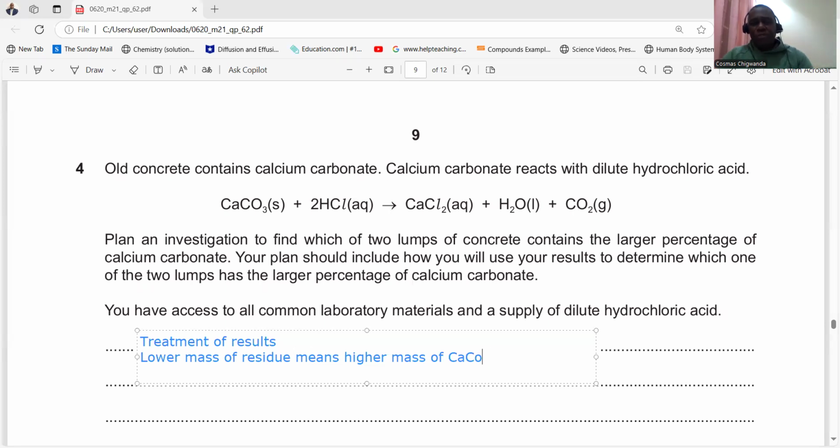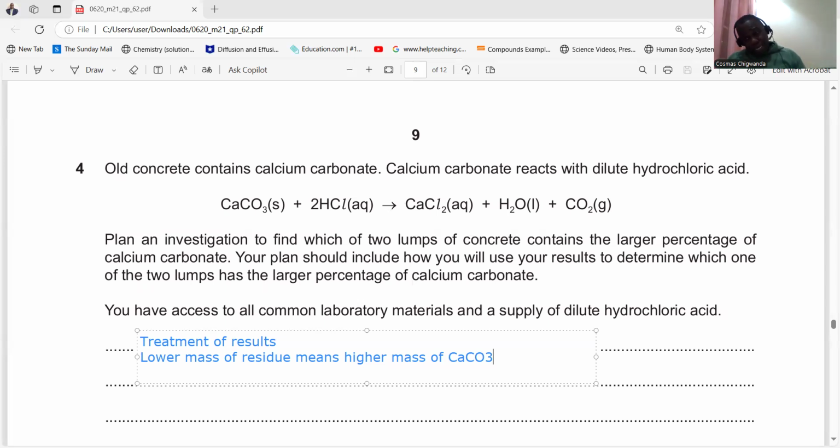If you have a bigger residue, it means the bigger mass did not react. It remained trapped by the filter paper, and a little calcium carbonate passed through the filter paper to form calcium chloride, water, and carbon dioxide. So if I have a little residue trapped, it means I had a lot of calcium carbonate. If I have a high residue, it means I only had a smaller percentage of calcium carbonate.